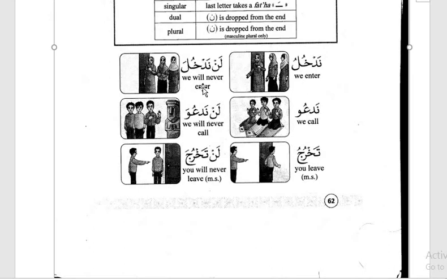ندخل, لن ندخل. See the fatha at the end. ندعو, لن ندعو. تخرج, لن تخرج. The fatha here is because it is singular. Okay, let's move on.